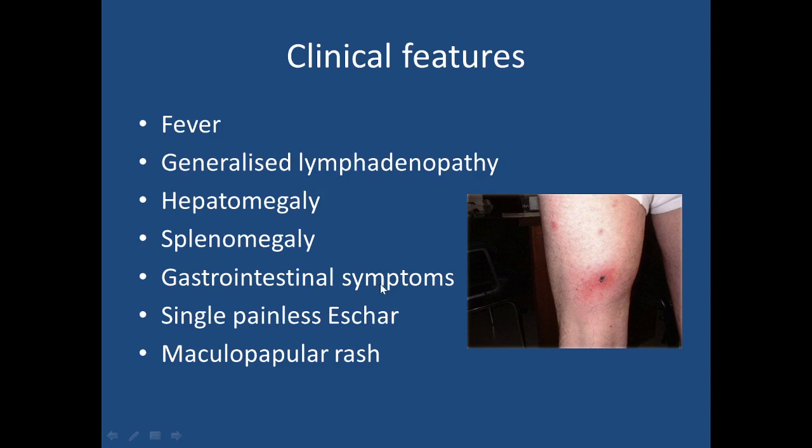A painless eschar is found but not in that many cases. Less than 50% of patients present with this eschar. Also a maculopapular rash, which we confuse with meningococcemia or dengue, is seen.